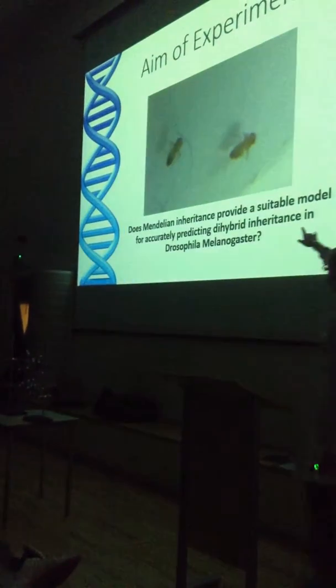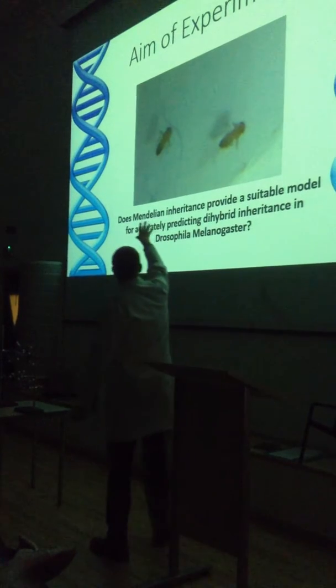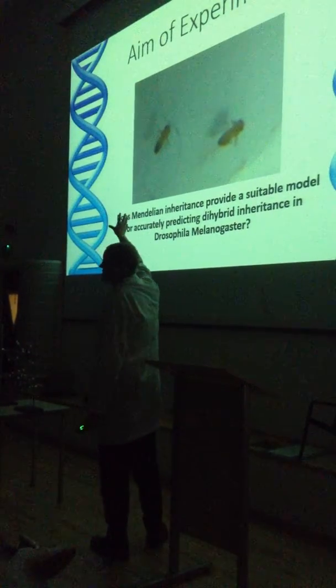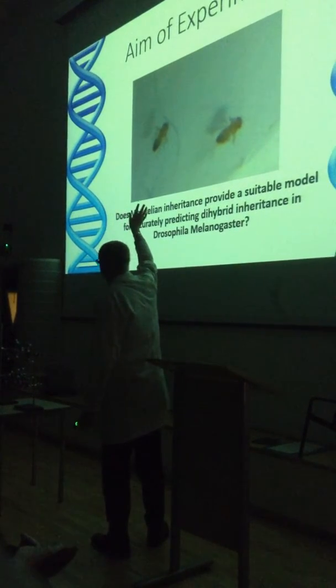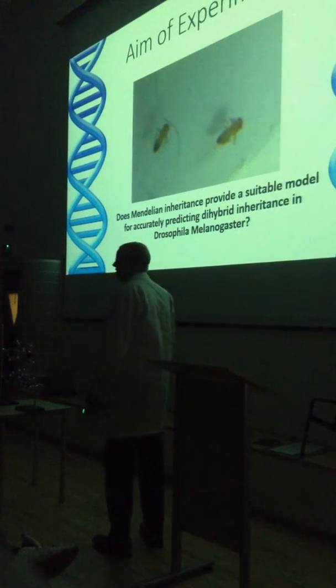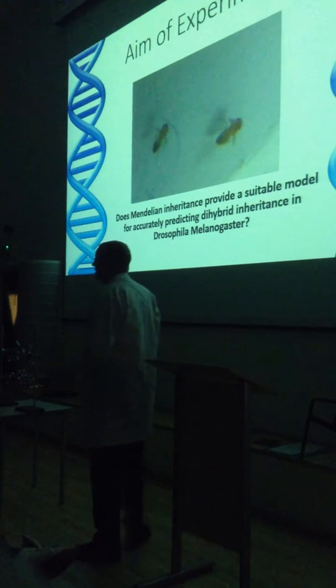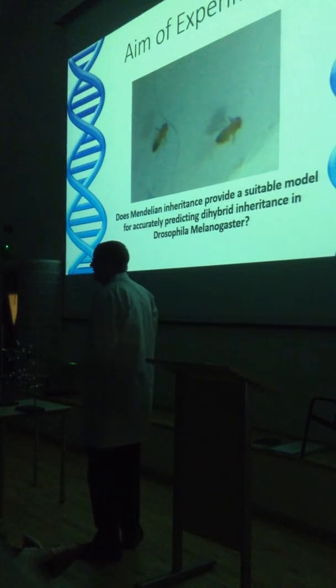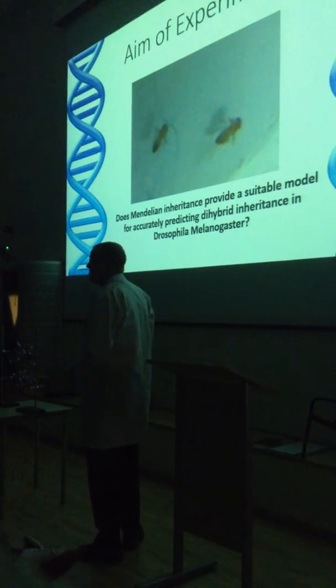There you go. You can see much, much smaller wings coming out the side there. They're extremely underdeveloped compared to the images you saw before, where the wings are almost full length of the body. And these guys are incapable of flight. They're much, much more docile. And you can usually tell by looking at them, even without a microscope, which ones are vestigial and which ones are wild type.